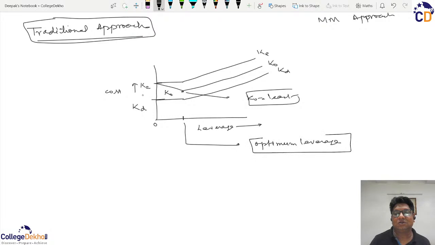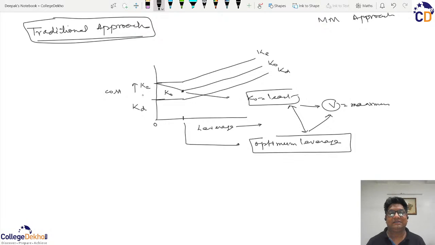Means it denotes कि यहाँ KO least है. अगर आपने इससे कम लोन लिया तो भी KO ज़्यादा है, इससे ज़्यादा लोन लिया तो भी KO ज़्यादा है. तो अगर हर कंपनी चाहे तो वो ऑप्टिमम लीवरेज अचीव करे, और ऑप्टिमम लीवरेज के टाइम पर KO लीस्ट होगा और जो वैल्यू है वो मैक्सिमम हो जाएगी. तो ये तीनों के तीनों जुड़े हुए हैं कि ऑप्टिमम लीवरेज पर वैल्यू मैक्सिमम है और KO लीस्ट है.